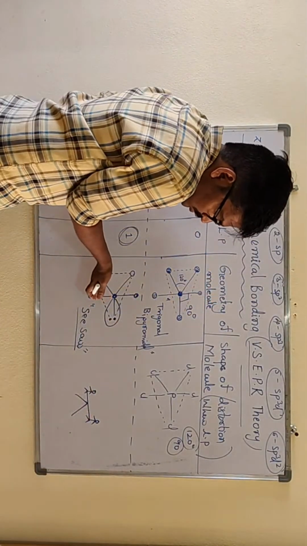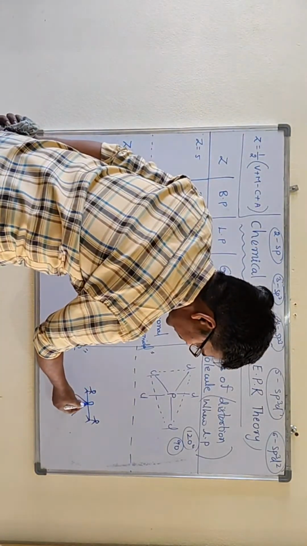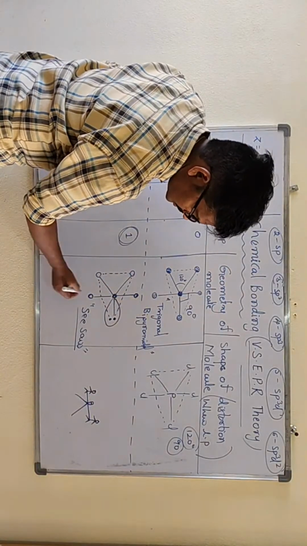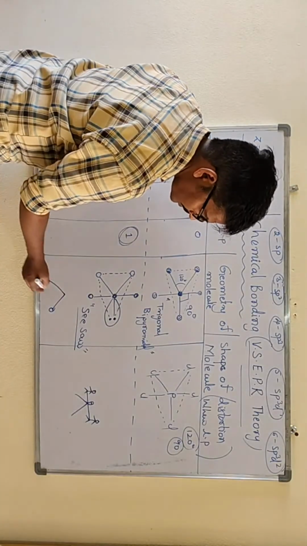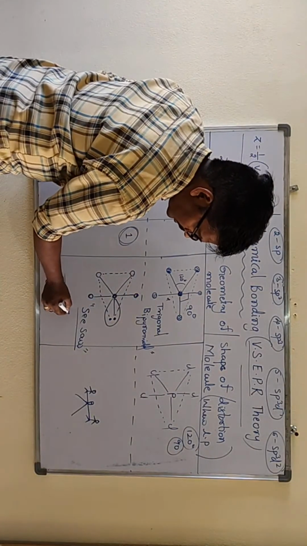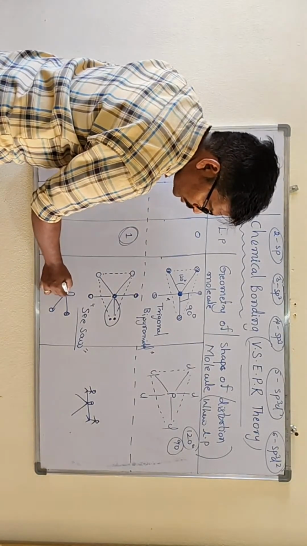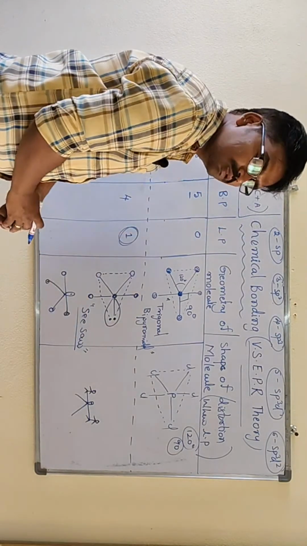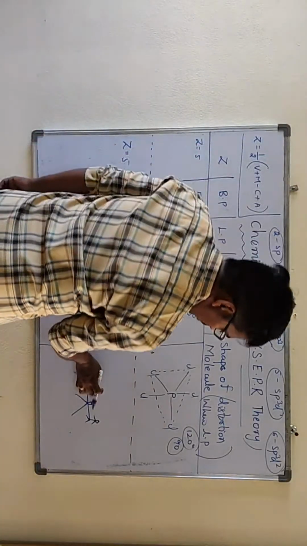When it is turned like this, here a bond pair is there, here a bond pair is there, and the lone pair of electrons occupies a position. We call it the seesaw model.